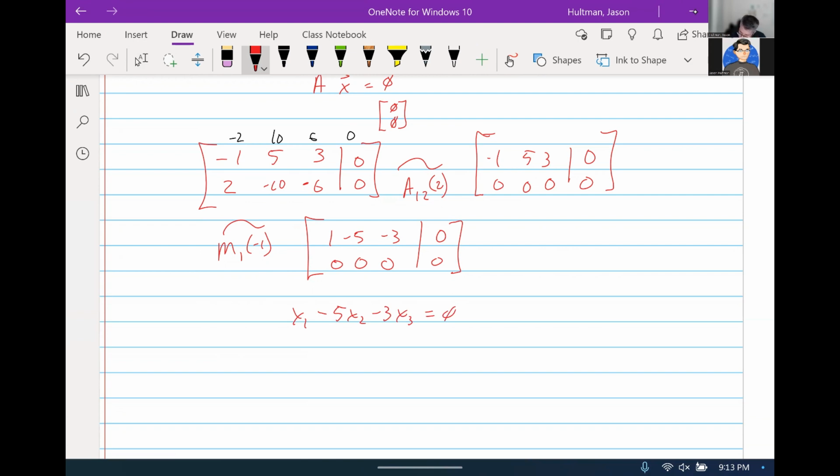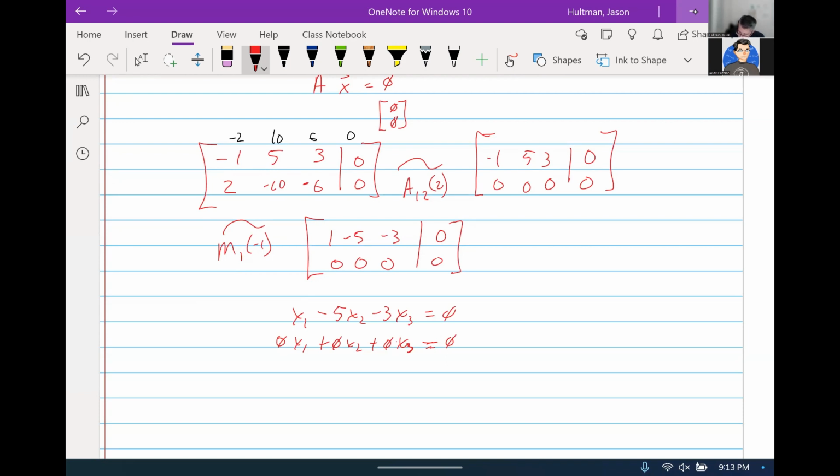Then I would get 0x1 plus 0x2 plus 0x3 is equal to 0. And the bottom one's not going to help me out much. It's not going to help tell me what x1, x2, and x3 are because it's just all zeros. So that's not very helpful.